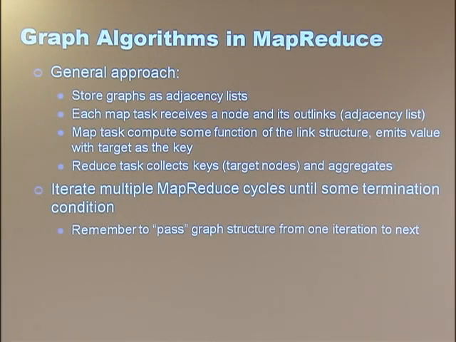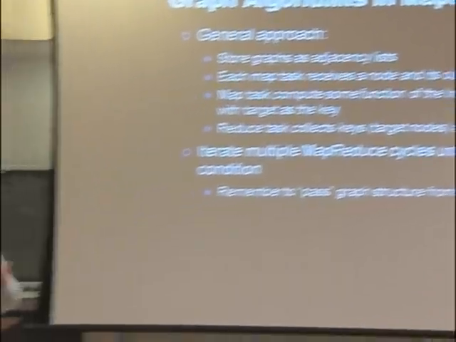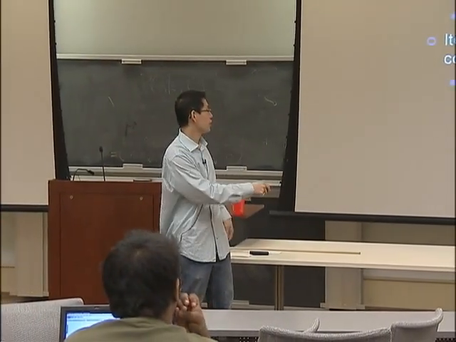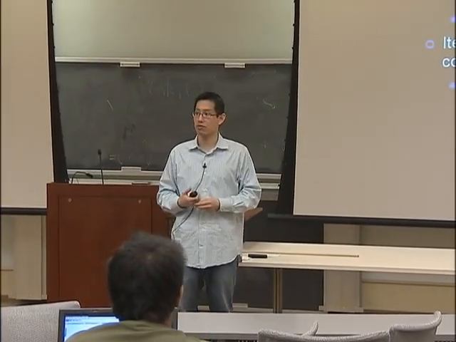In breadth-first search, you take the distance and add 1 to it. The reduce task collects the keys, which are the target nodes, and then does some aggregation. In PageRank, it sums up all the PageRank mass that's been passed to it. Typically for these graph algorithms, you run them iteratively until some convergence criterion is met. And a detail here: you have to pass along the adjacency list from one iteration to the next.